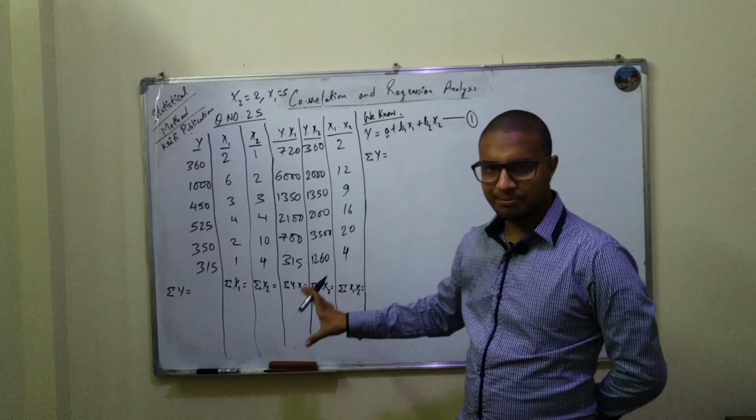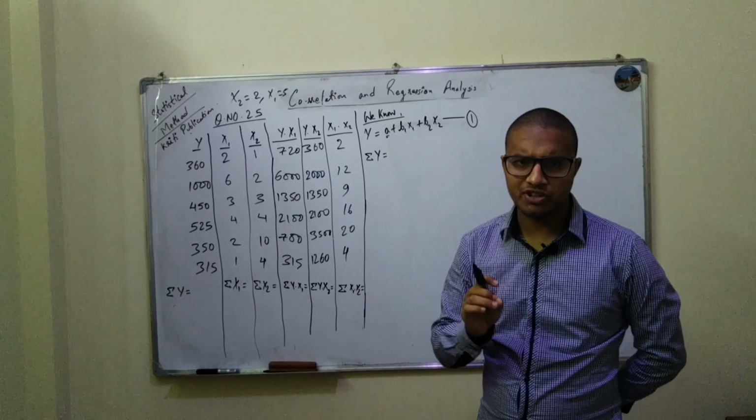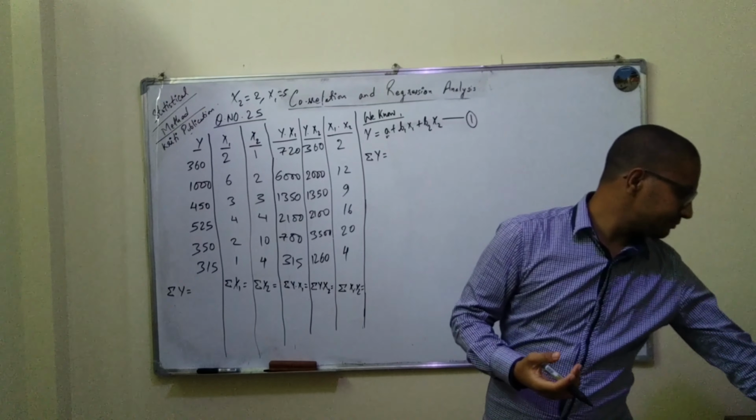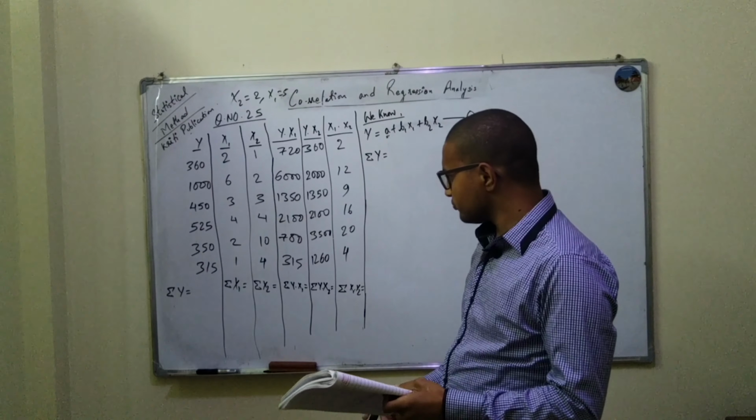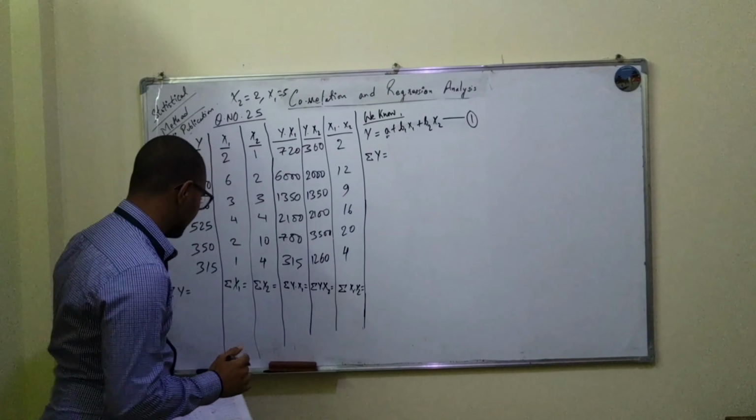Let's just add it up. I've already added it up to save some time, so I'll just write in the values. This would be 3000.